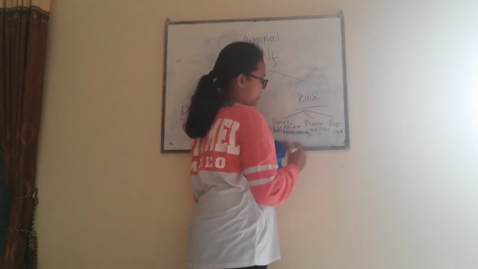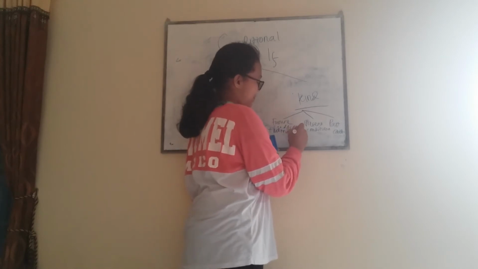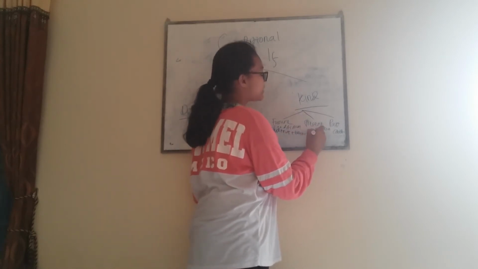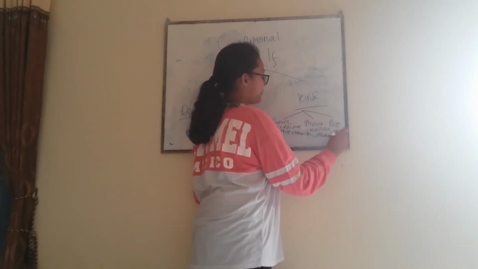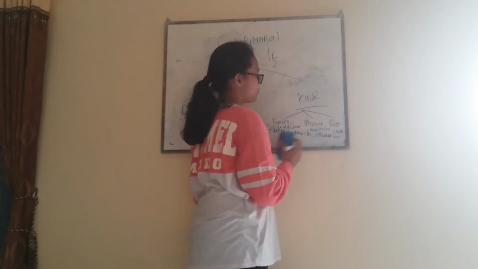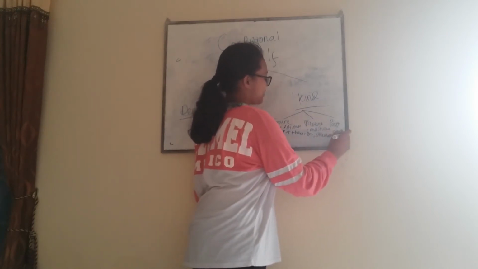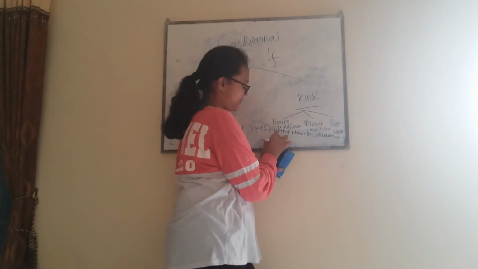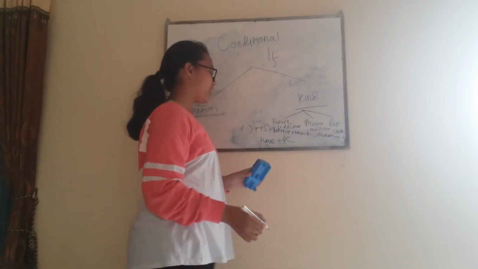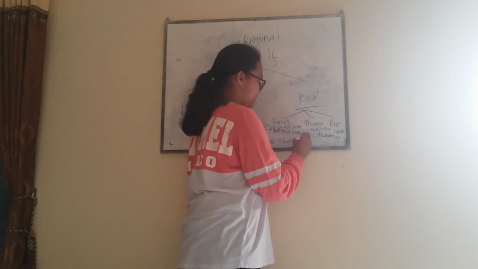Are you sure? The position of not? Subject plus had plus not plus been plus predicate complement, comma subject plus would plus not plus have plus been plus predicate complement.